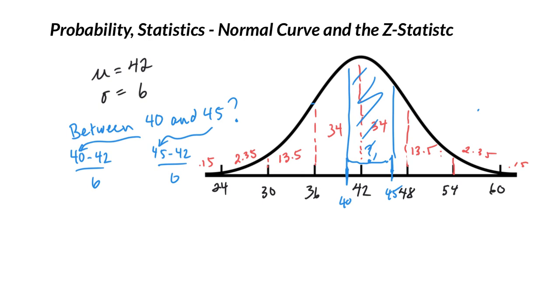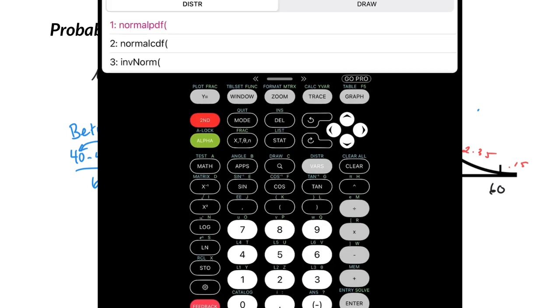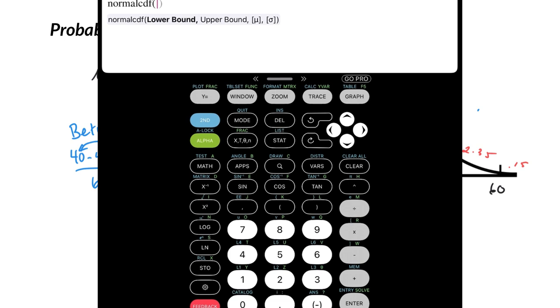But I want to show you one other thing our calculator can do that's really slick. If we go back to that distribution menu, to normal CDF, and we say our lower bound is 40, and our upper bound is 45, and then you see it has a spot to fill in the blank, I can say the mean was 42, and the standard deviation was 6.